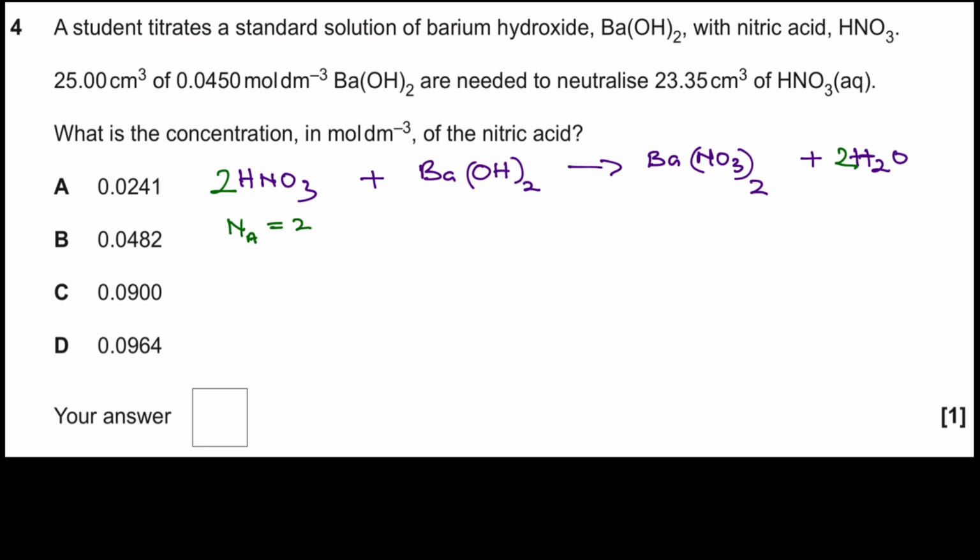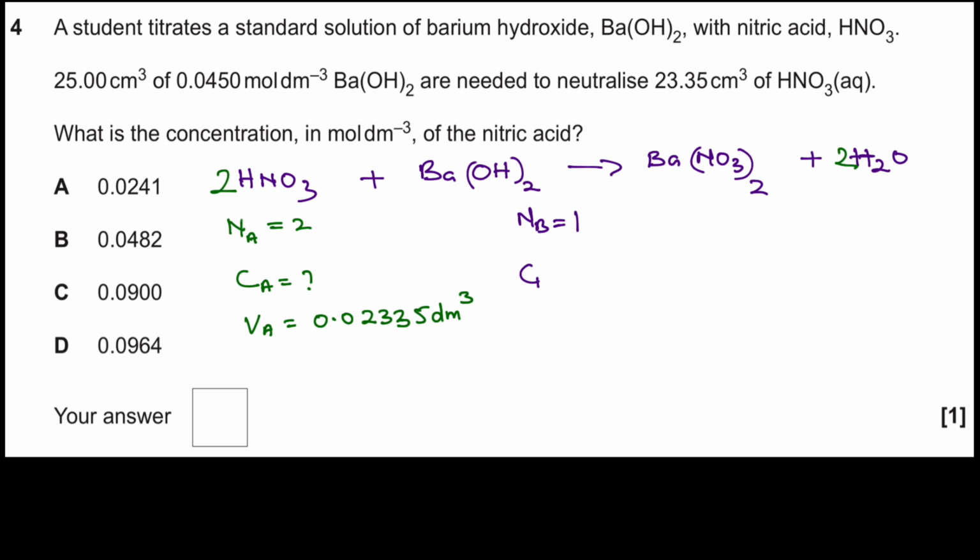Na is 2. The concentration of acid is what we're looking for. The volume of acid, we've got that, is going to be the acid volume divided by 1000, so we would get 0.02335 decimeter cube. And also for the base, we have the Va. Na is 2. For the base, Nb is 1.